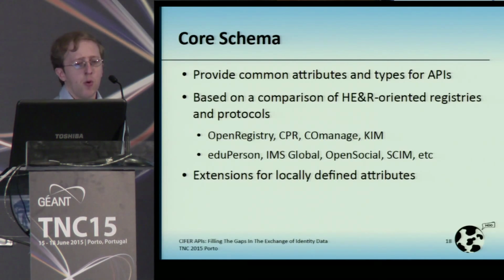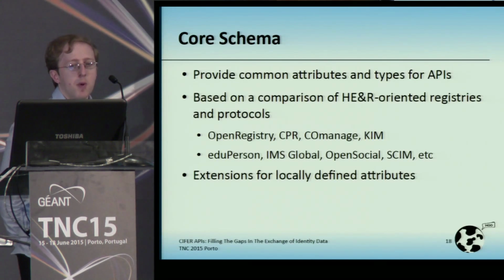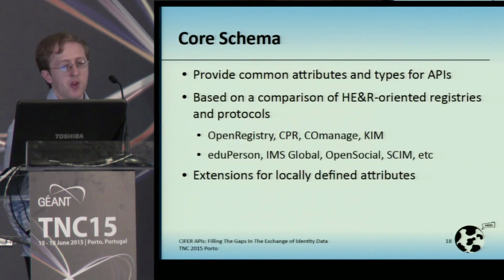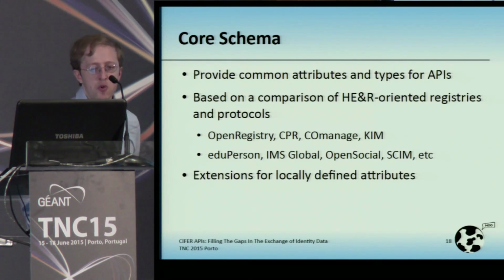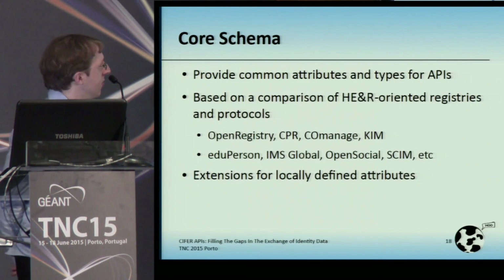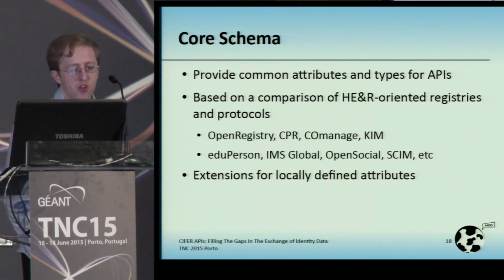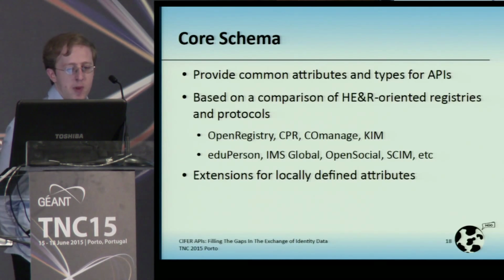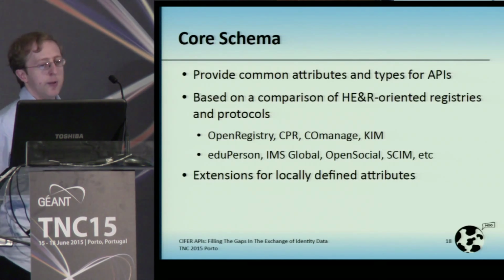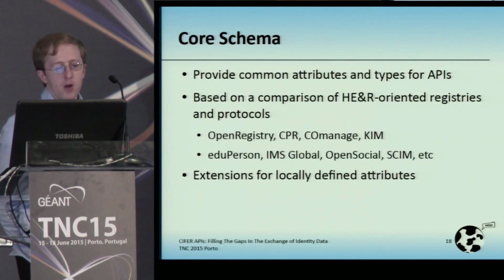So the core schema itself came from an analysis that we did across a number of existing products and concepts in the space. So we looked at the time, a number of open source identity management projects, including the registry products, Open Registry and CPR out of Penn State. We looked at CoManage and KIM. KIM is the Kuali identity management software.